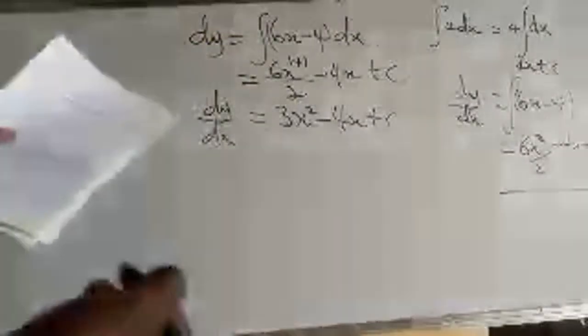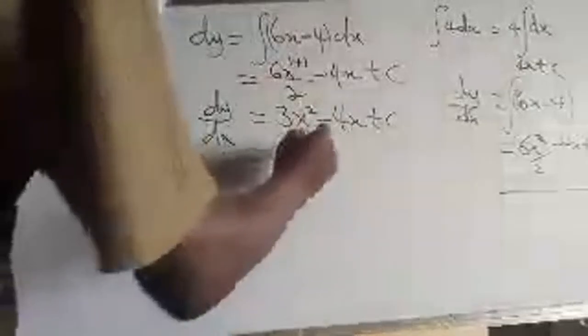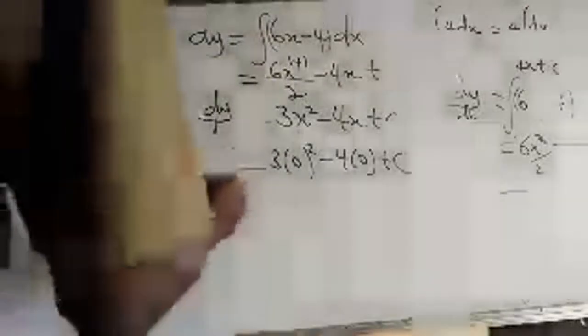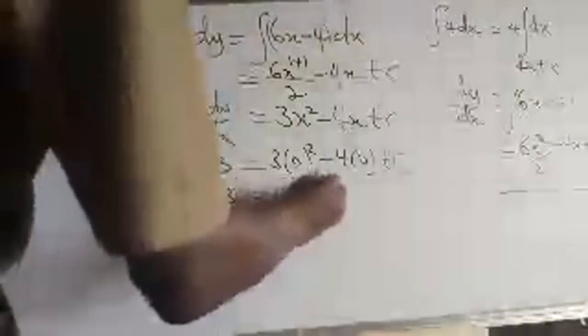Now the question says that dy dx is 3 when x is 0. So you have 3 is equal to 3 times 0 squared minus 4 times 0 plus c. Okay? Which means 3 is equal to 0 minus 0 plus c. So 3 is equal to c.